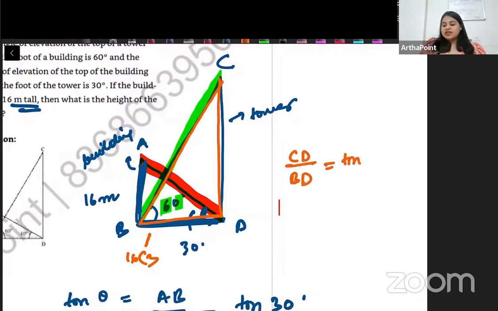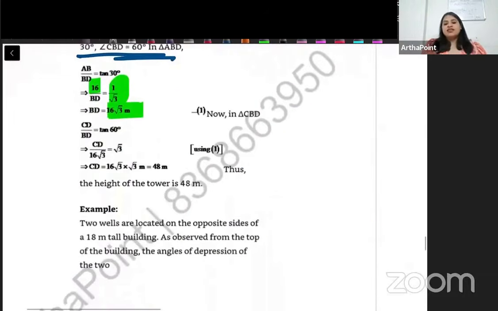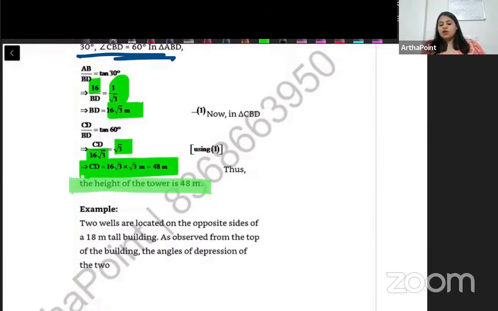This will be tan 60 degrees, perpendicular by base. Tan 60 we also know, BD we know, so we can find CD. Tan 60 is root 3, BD is 16 root 3. So CD we can find out as 48 meters. That will be the answer to this question.